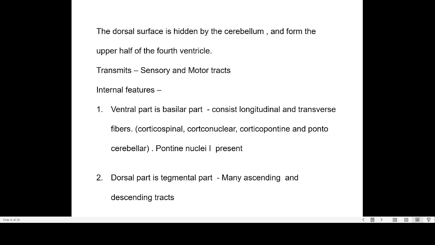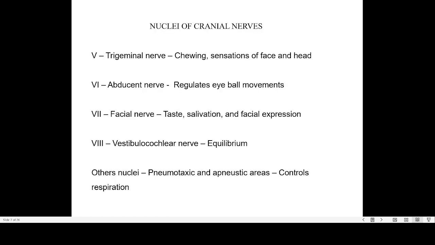The fibers coming from the brain to the lower part, to the medulla and the spinal cord, are descending tracts. Just remember, the ventral part is the basilar part and the dorsal part is the tegmental part, which is nothing but groups of nerve fibers.